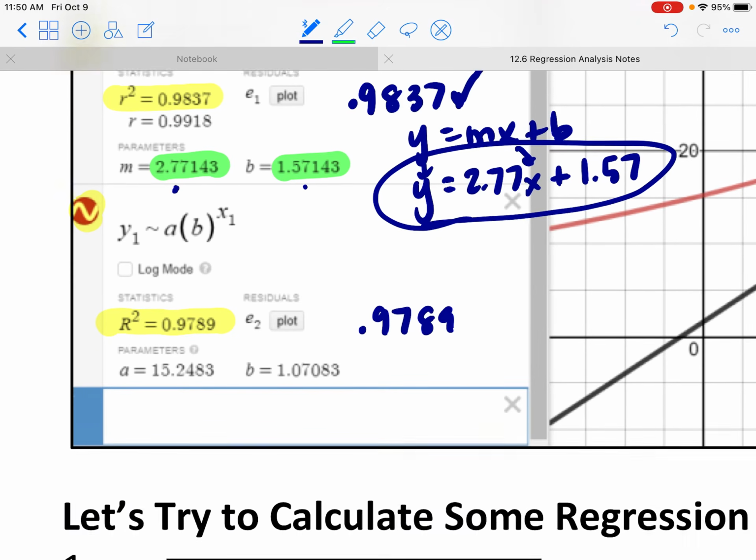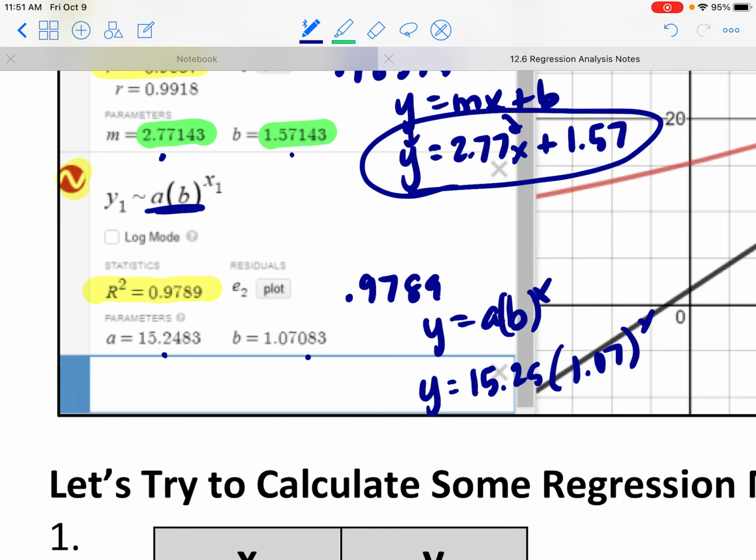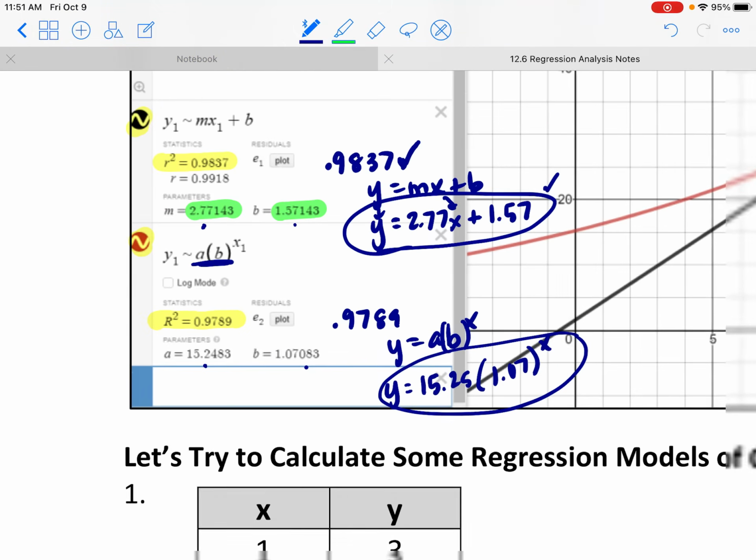Now, if the exponential model had been better, then y equals a b to the x would be an exponential model. We would replace a and b with the values they give us for a and b. So we'd say 15.25-ish times 1.07-ish to the x power, and that would be an exponential model for this data. Okay, but we would go with this one because the correlation was stronger.